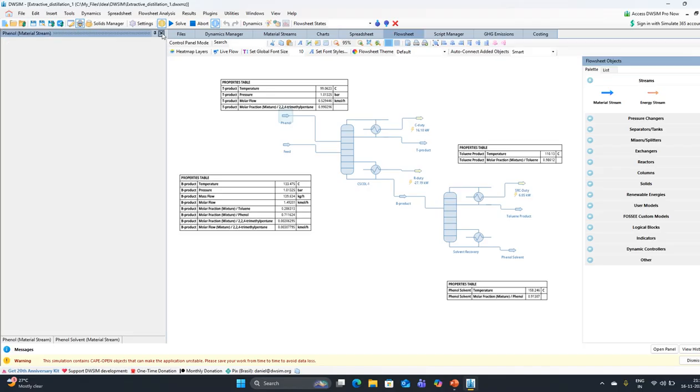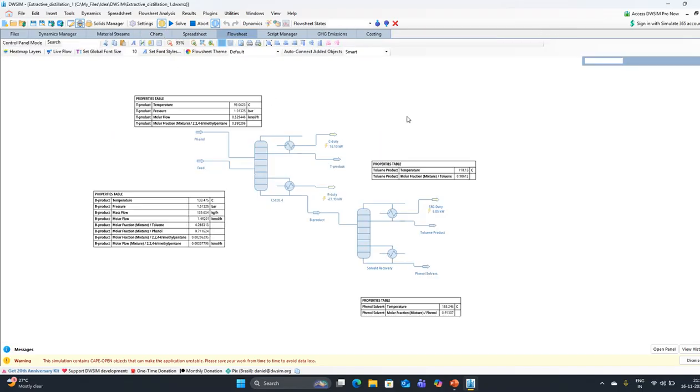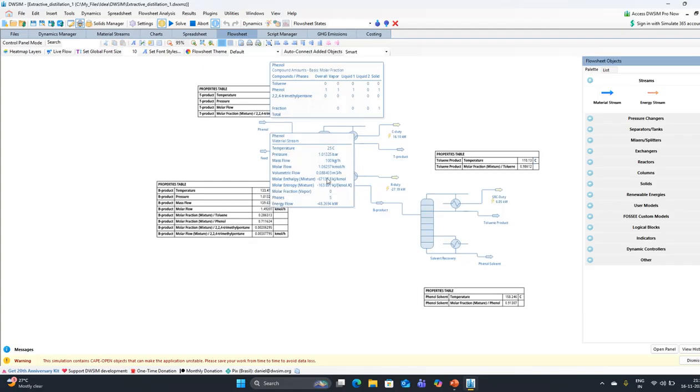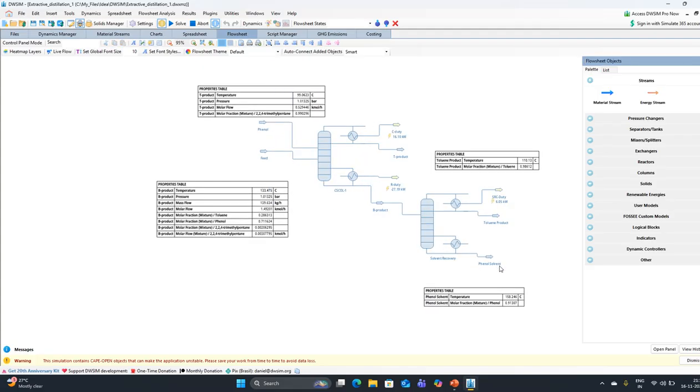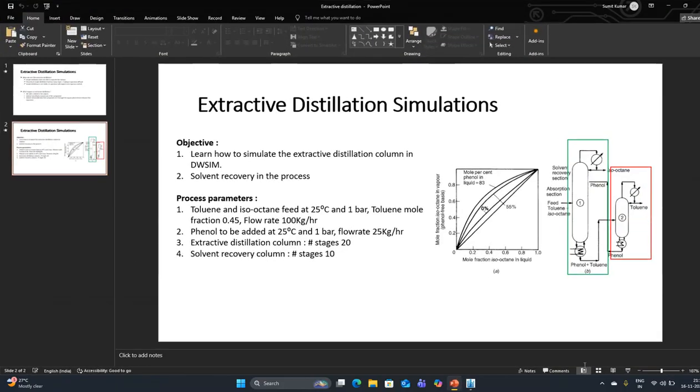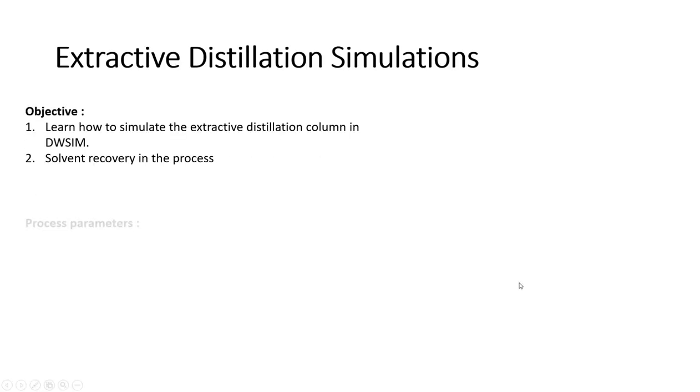So the mass flow is almost the same and the amount of phenol we are getting is the same, but here the temperature is 25 degrees C, while here the temperature is 158.246 degrees centigrade.